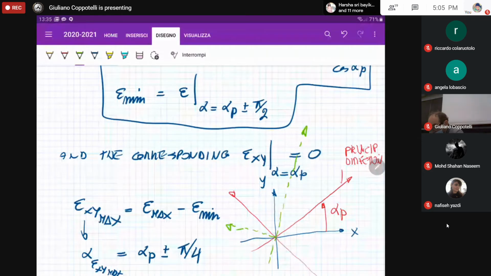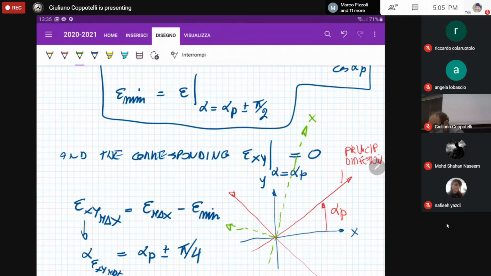Let me call that X shear, and X normal strain, okay, Y normal, and here Y shear. And of course, that orientation angle is pi/4. Okay, so now let's see how we can use that.